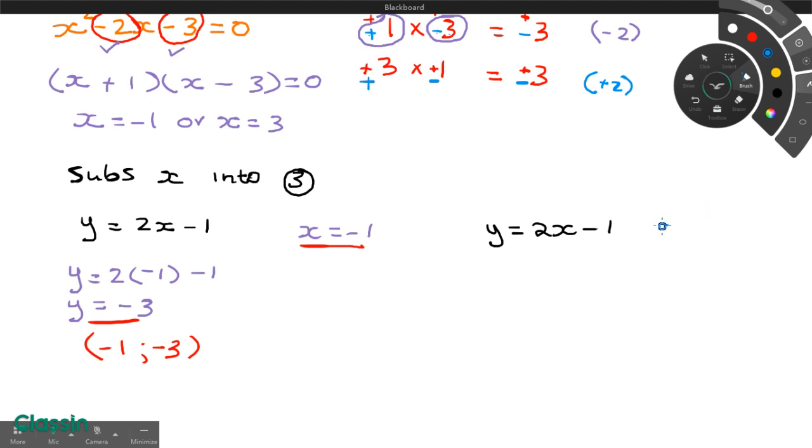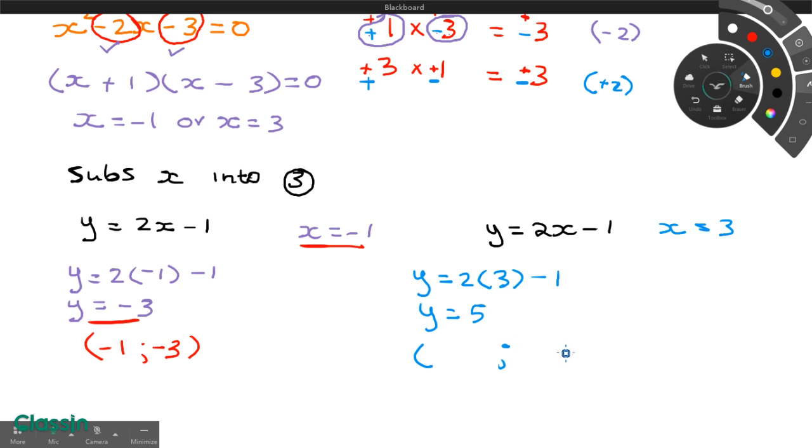We are substituting x equals 3. So y is equal to 2 times 3 minus 1. When I press this on a calculator, you get that your y is equal to 5.